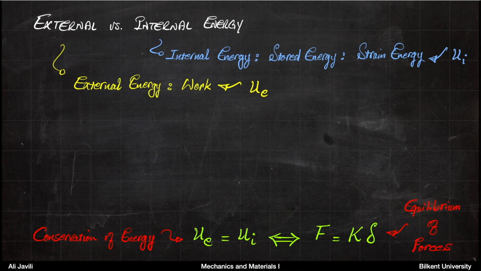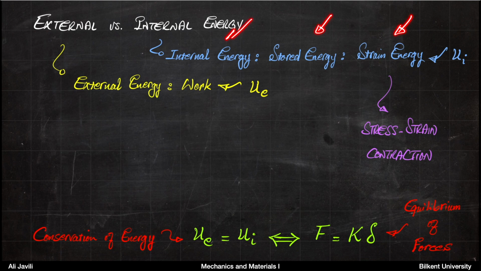Now, if we are not talking about a spring, what would be the internal energy? How do we define internal energy or strain energy if the problem is not just a spring? As you can imagine, strain energy or stored energy or internal energy should depend on internal quantities.